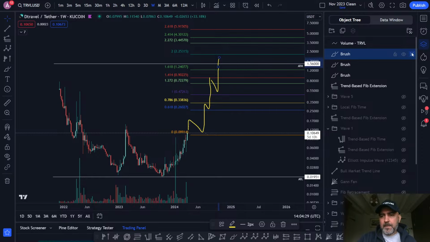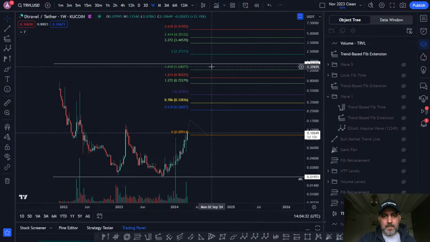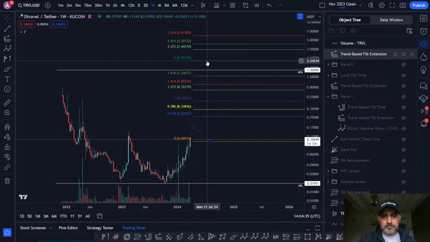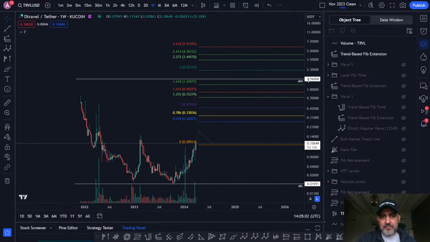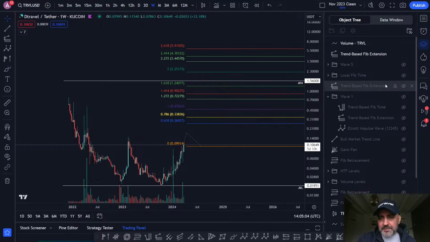Don't know. $2.25. 2.25. Can we get up to 2.25 on a wave 3? That would be nice. Correct to the all-time high for continuation. That would be really crazy, yeah? If that happened.